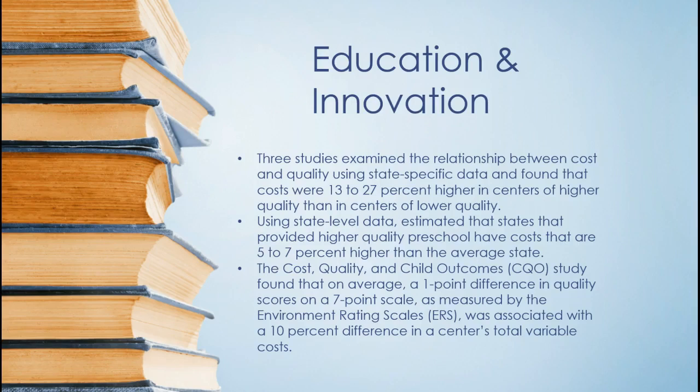The Cost, Quality, and Child Outcomes study found that on average, a 1-point difference in quality scores on a 7-point scale, as measured by the environmental rating scales, was associated with a 10% difference in a center's total variable cost.